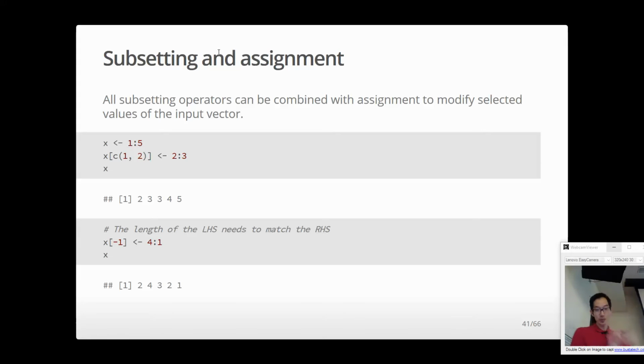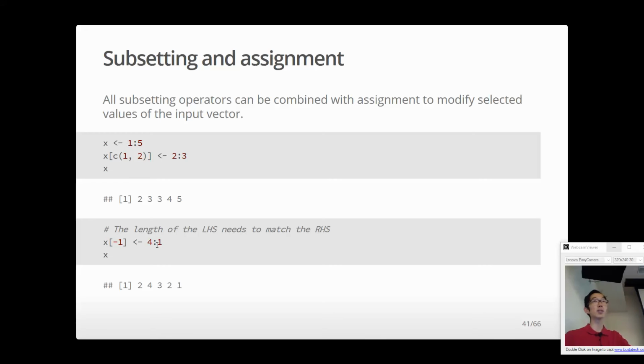Okay, so subsetting and assignment, oh dear. We're going to run out of time here, but if I start off with the numbers 1 through 5, I can say the first 2 elements in X, I want to assign the values 2 and 3, and we see that happening. If you're going to do assignment, you need to make sure they match.